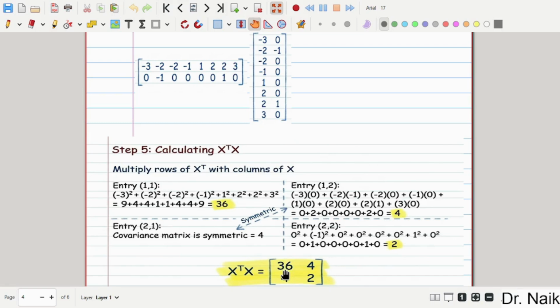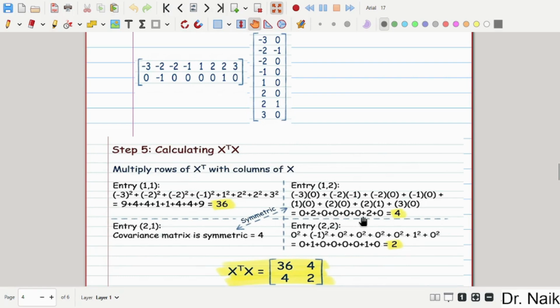Now calculate the 1 2 entry, that is first row second column entry of X transpose X. This is calculated by multiplying minus 3 into 0, minus 2 into minus 1, minus 2 into 0, minus 1 into 0, 1 into 0, plus 2 into 0, plus 2 into 1, plus 3 into 0.